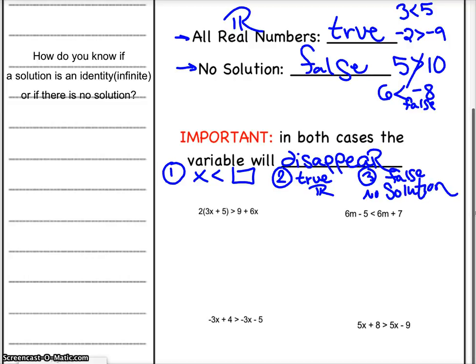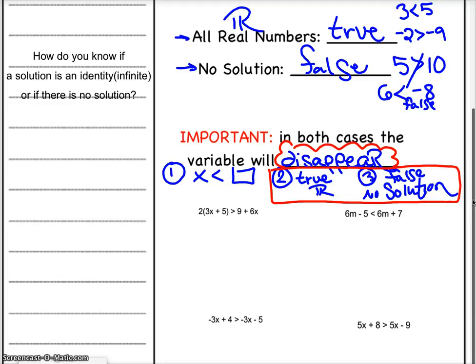So those are 3 situations you can encounter when you're solving multi-step inequalities. What's important for you to know is the special situations, like I'm boxing up, only happens when the variable disappears. That's the only time it's going to happen.